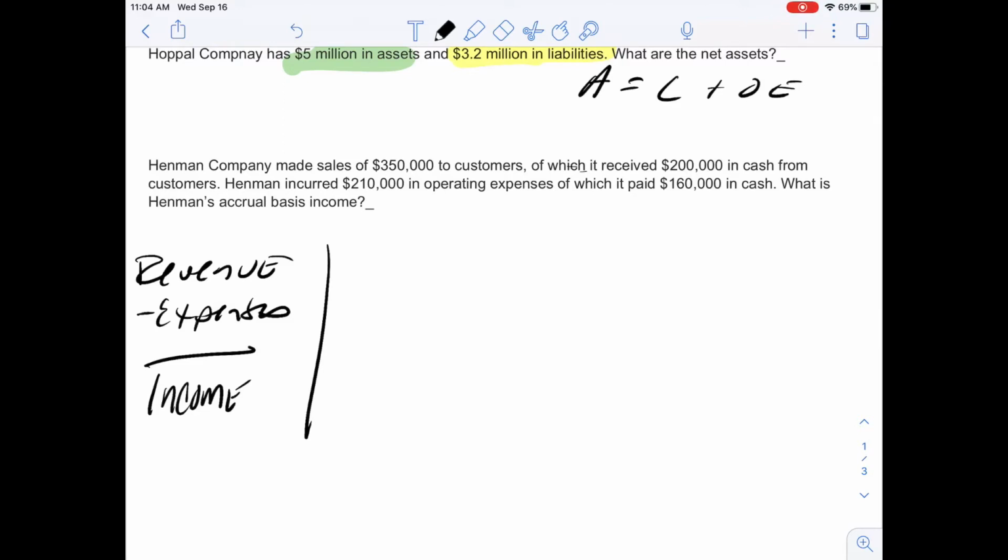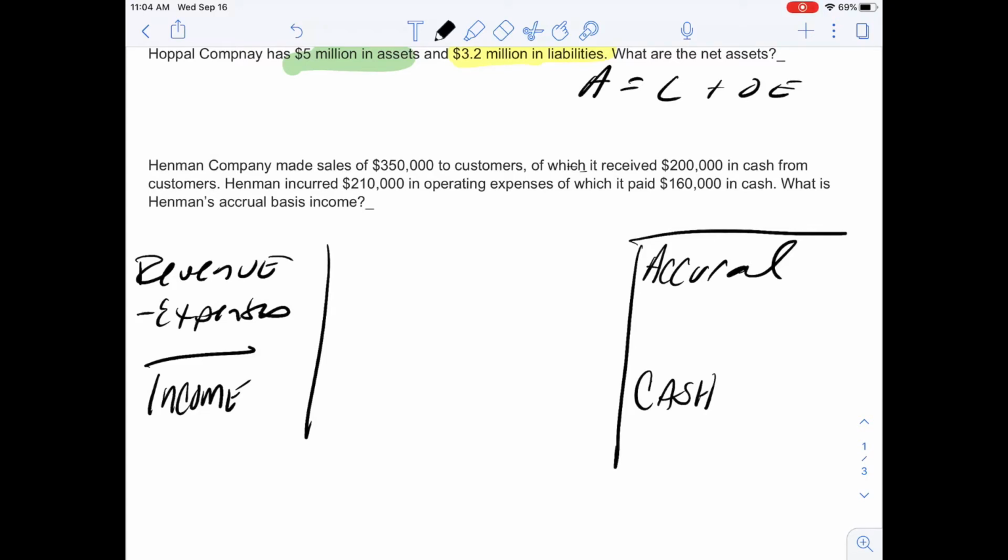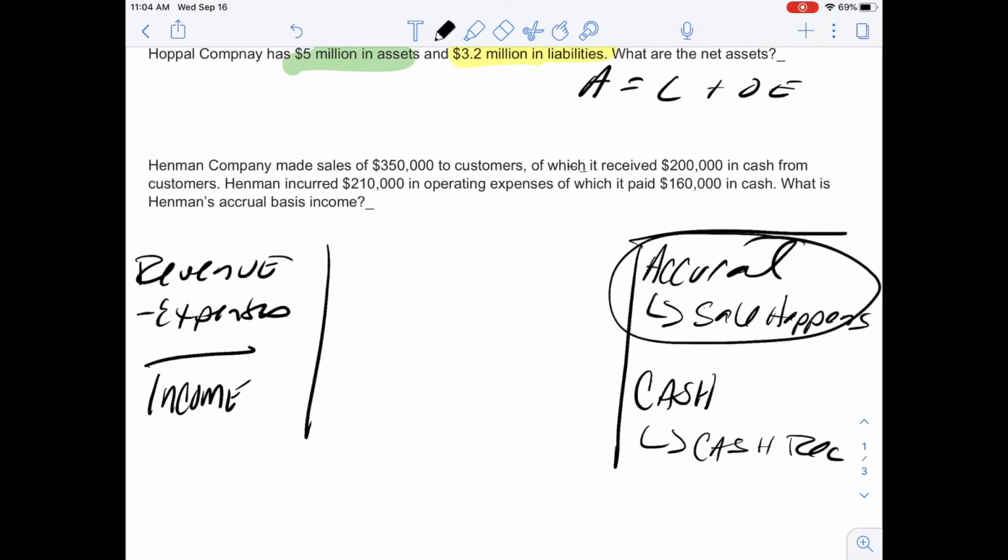The other thing we need to get into is the difference between accrual and cash-based accounting. With accrual, we record transactions when the sale happens. In cash-based accounting, we record transactions when the cash is received. In this example, they're asking us to use accrual-based accounting.